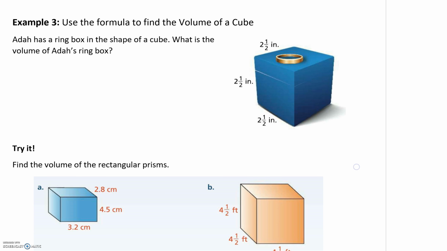Now, when we were talking about surface area before, we came across our cubes. Cubes have the same shape on all 6 sides. So for my volume of a cube, I can do volume equals my side cubed. Use whatever unit they've provided for you, and I multiply it 3 times.